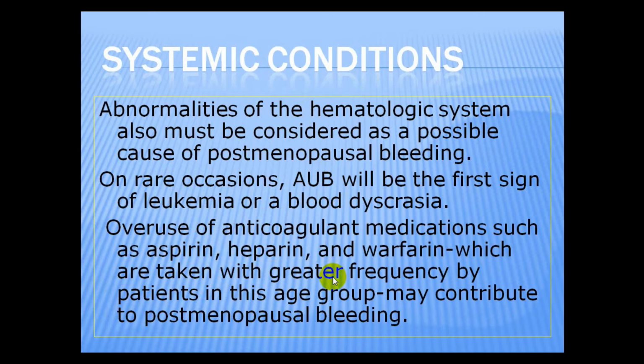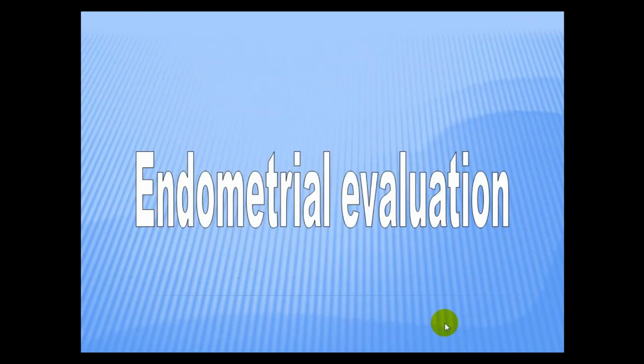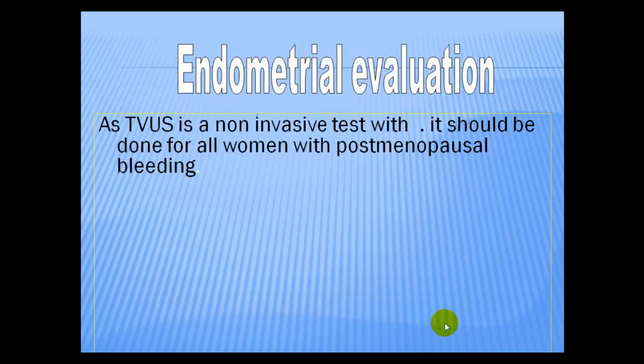This may contribute to postmenopausal bleeding, and we stop these drugs and check the blood after excluding local causes. So evaluation of the endometrium by transvaginal ultrasound, a non-invasive test, should be done for all women with postmenopausal bleeding.